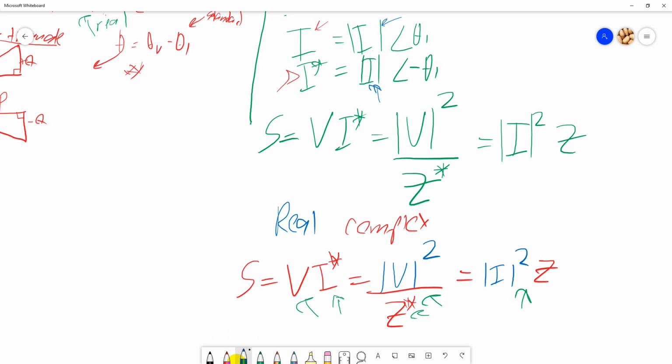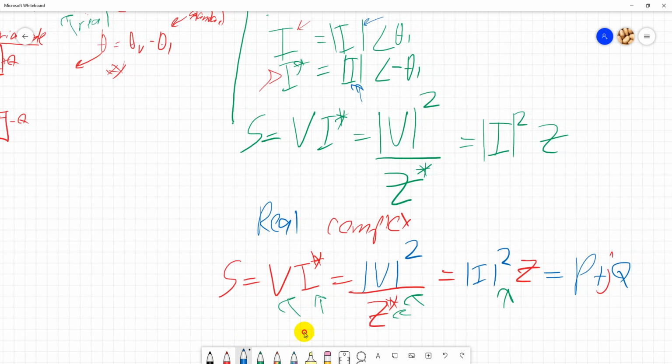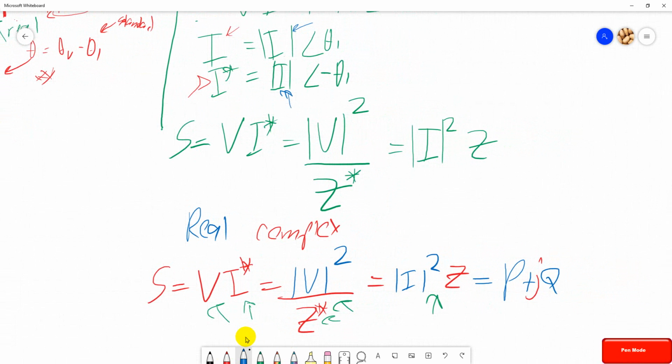And then lastly, it is also P plus jQ, and remember the unit is VA.